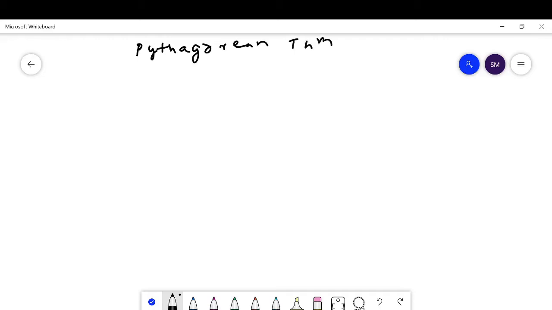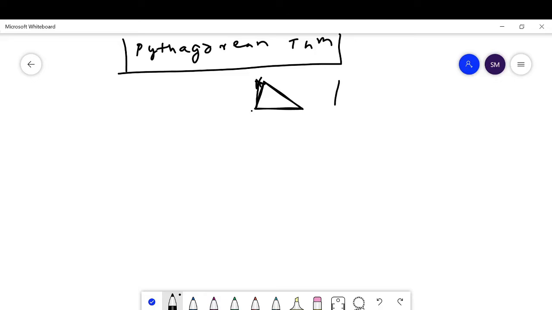The Pythagorean theorem is applicable for a right angle triangle. Suppose ABC is a right angle triangle in which B is the right angle, BC is the base, AB is the perpendicular, and AC is called the hypotenuse.